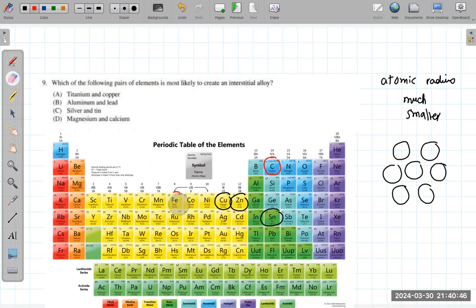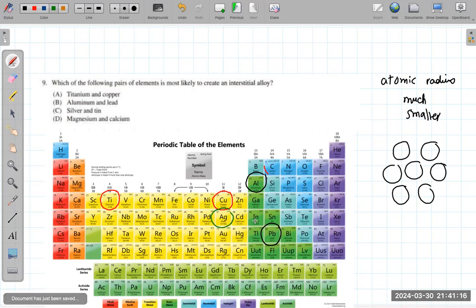طيب accordingly what will be the options that he gave me? اداني titanium and copper. I find that they are pretty close to each other. I have aluminum and lead. Where is the lead? The sneaky. This is not a bad option. I have silver and tin. I have Ag and I have tin, which I find that they are still very close to each other, I think.